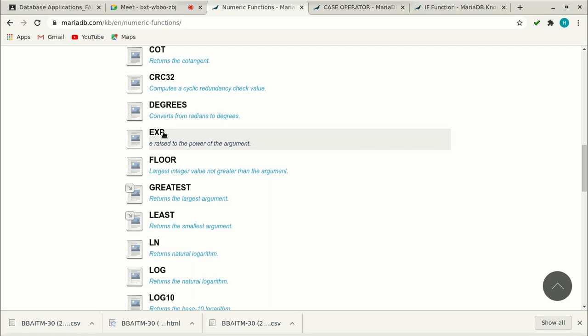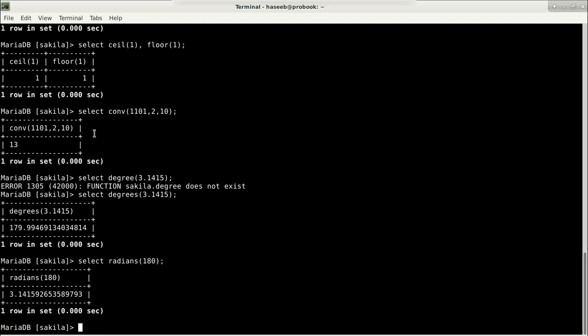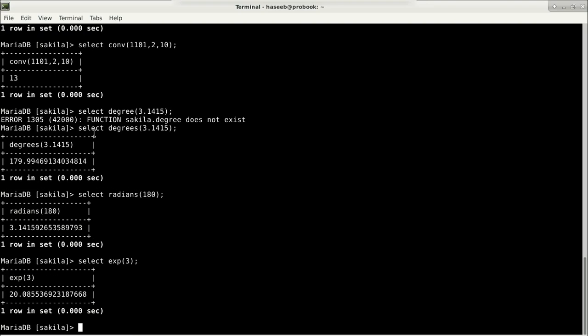Exponent is basically if you want to calculate e power something. If we want to calculate e power 3 or e power 4, then we use this function. This is also called an anti-logarithm. So select exponent 3 means e power 3, and we will get the respective answer.